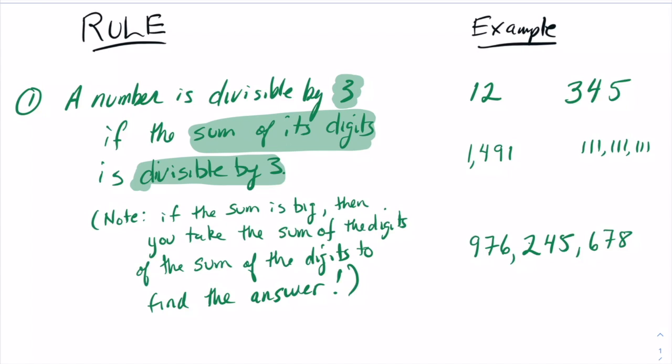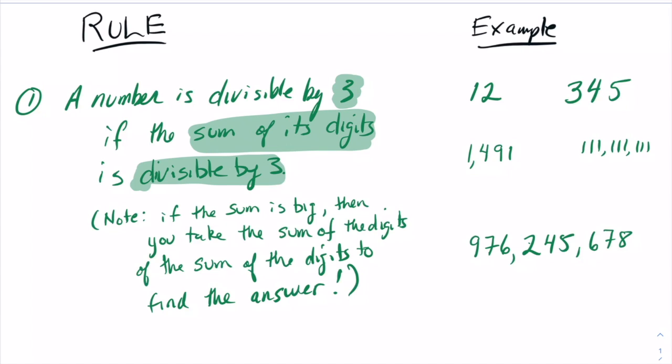Let's start. The two rules that we're going to work on today are specifically going to be divisibility by 3 and divisibility by 9. Okay, so I'll teach you the rule and then we'll work some examples. The rule is a number is divisible by 3 if the sum of the digits is divisible by 3. Well, what does that mean?